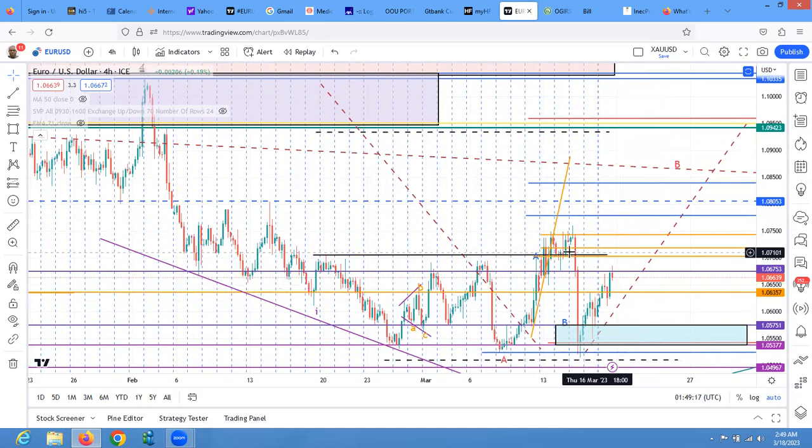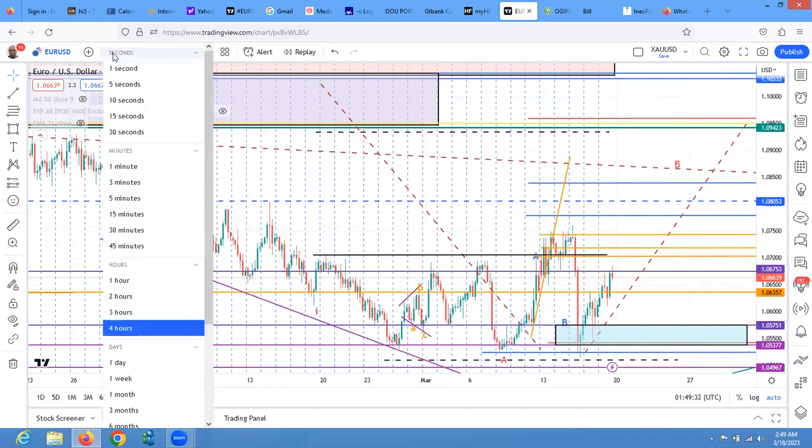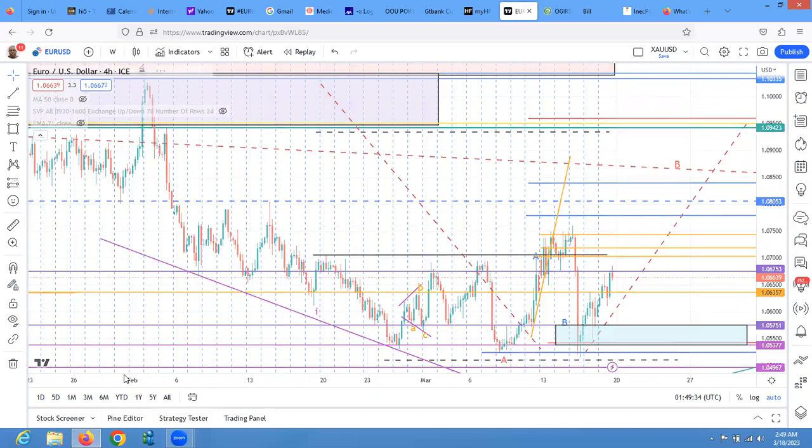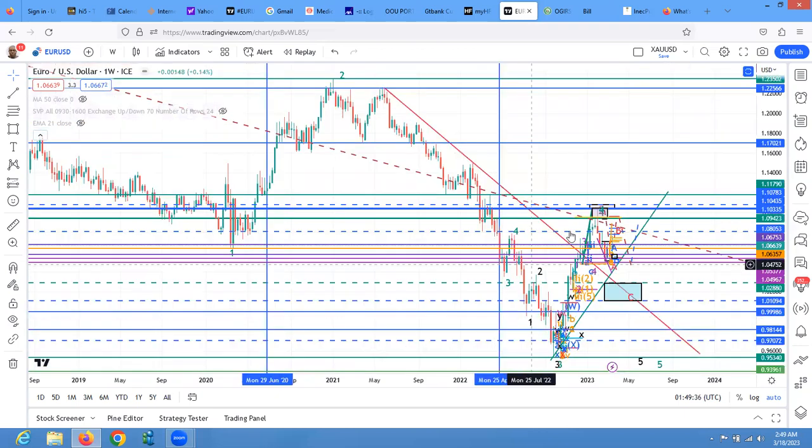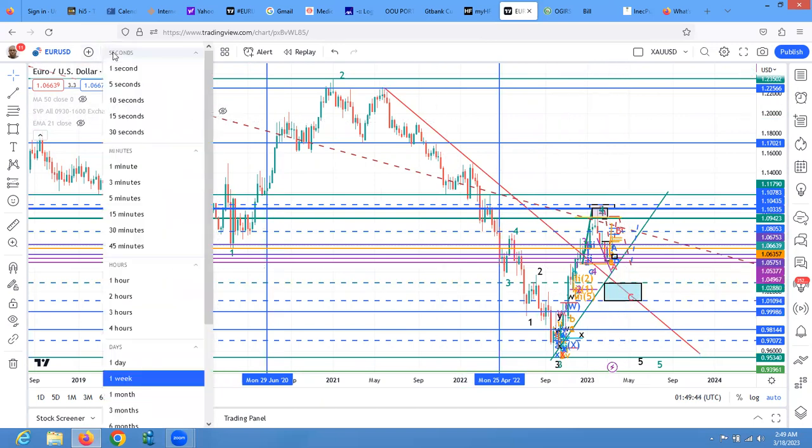We are aiming at also doing a 50% correction of the entire run of wave A of that bigger cycle that I talked about, the bigger cycle in the black, this wave A. So we are trying to do a 50. This is where we are still aiming. Let me go back to 4 hours.